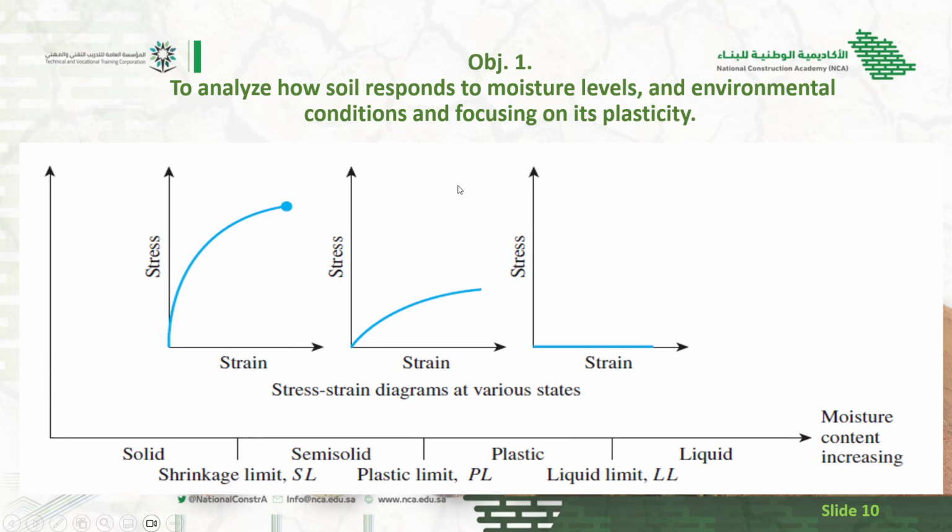These are the stress and strain diagrams or graphs for the solid, plastic, and liquid limits. On the vertical axis, or y-axis, there is stress, and on the horizontal axis, or x-axis, there is strain.